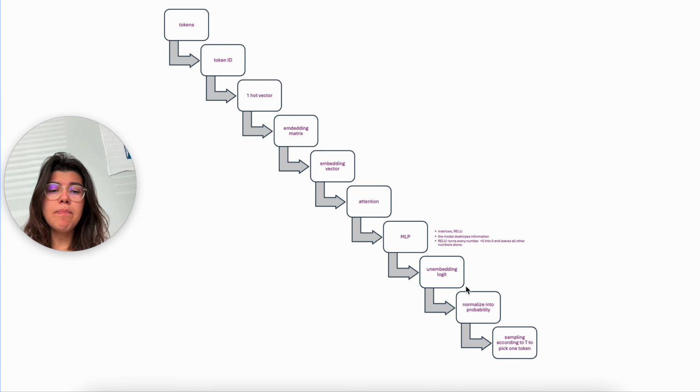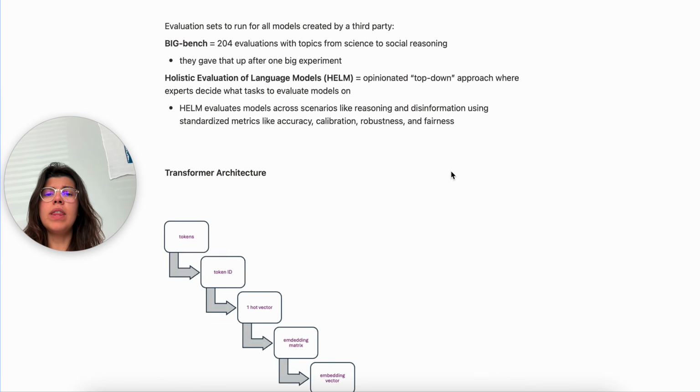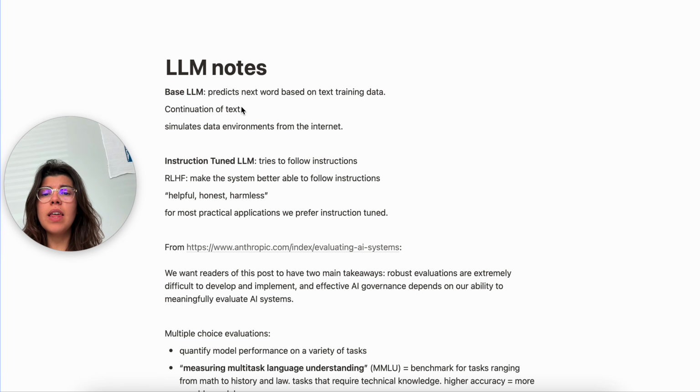Then the unembedding, and then normalizing into a probability, and then sampling based on a technical feature called temperature, which helps the model select what the likely next token is going to be. Again, you don't have to remember every detail of this or understand all the mathematics behind it, but just know, importantly, that what the LLM does is predict the next word based on the training data.